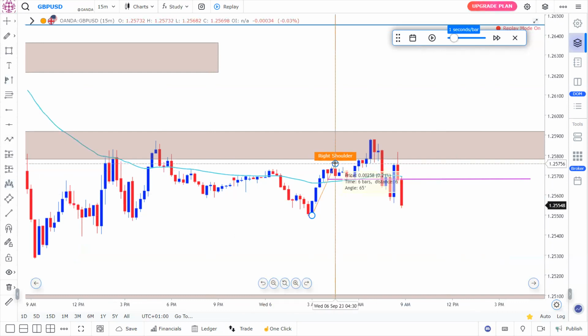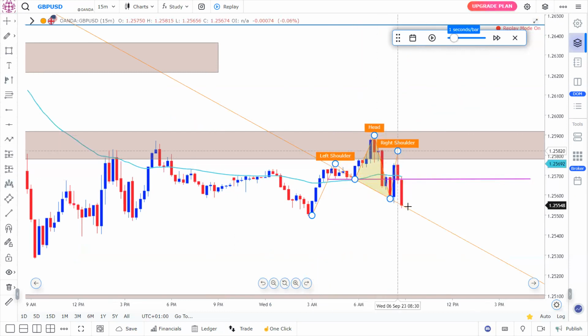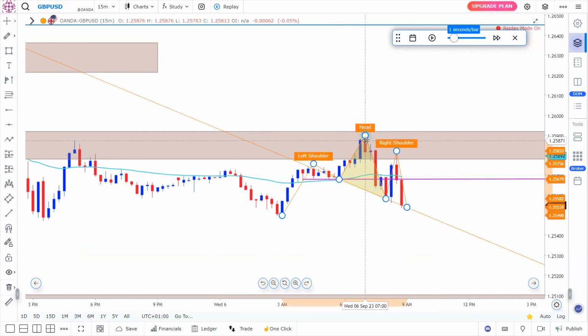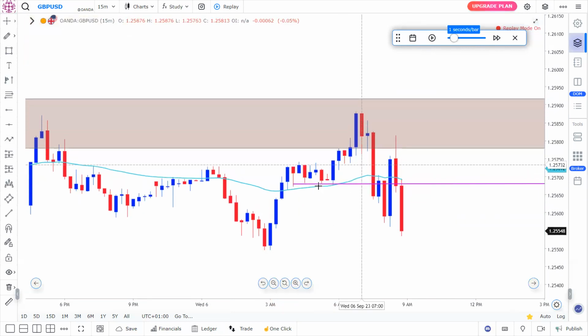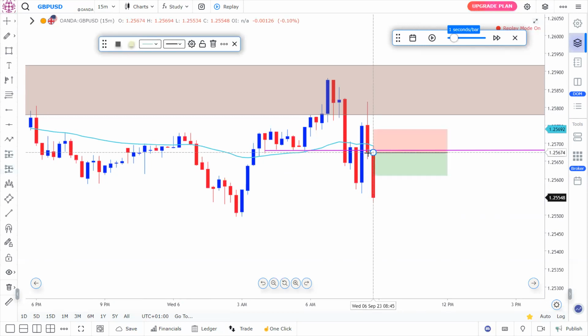As you can see, we have ourselves yet another head and shoulder pattern, being a sell reversal chart pattern, a break and a retest of 15 minutes time frame structured level. And then at the potential right shoulder, I got in on my sell trade.